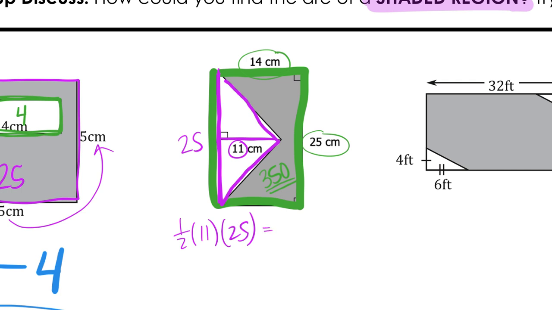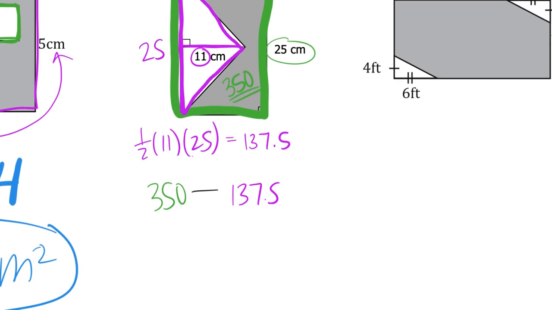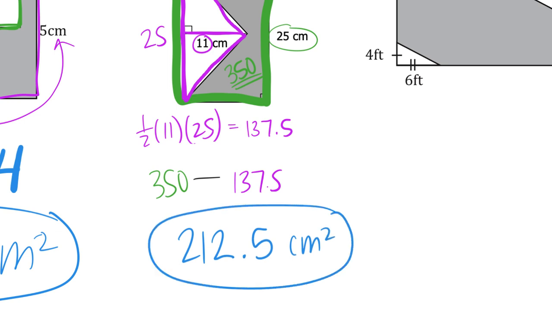And that equals 137.5. So now we're going to take the rectangle, which was 350, and subtract the triangle, which was 137.5, and then whatever is left over would be the area of the shaded portion. So that should be 212.5 square centimeters.